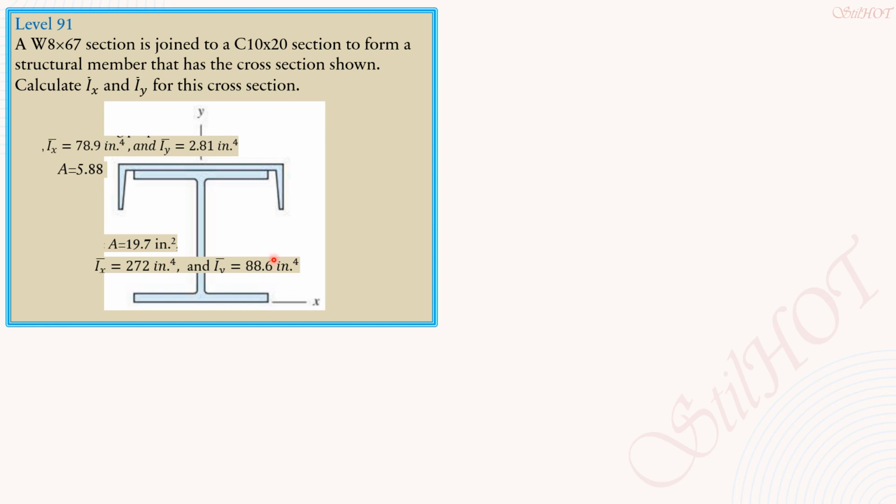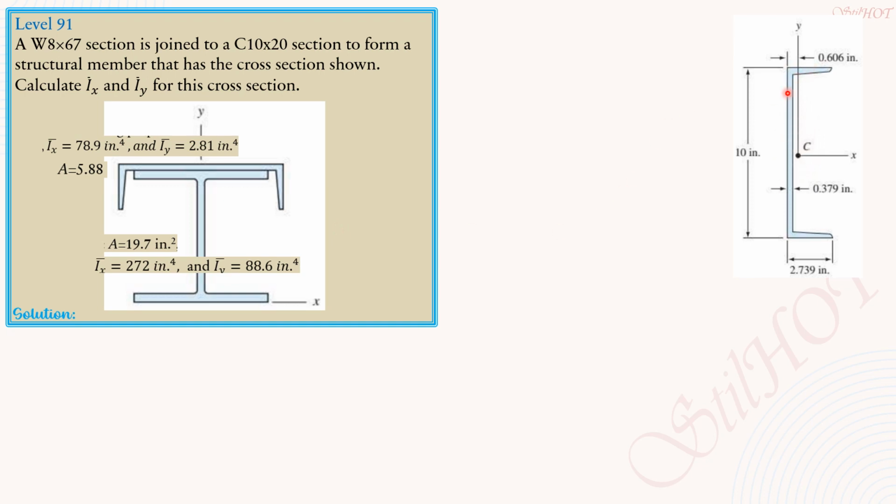Now, since we have two sections, although the centroid of the combined section still lies on the y-axis, we need to locate it. For our solution, this is the orientation of the channel. That's 0.606, this is 10 inches, and the thickness of the web is 0.379 inch.